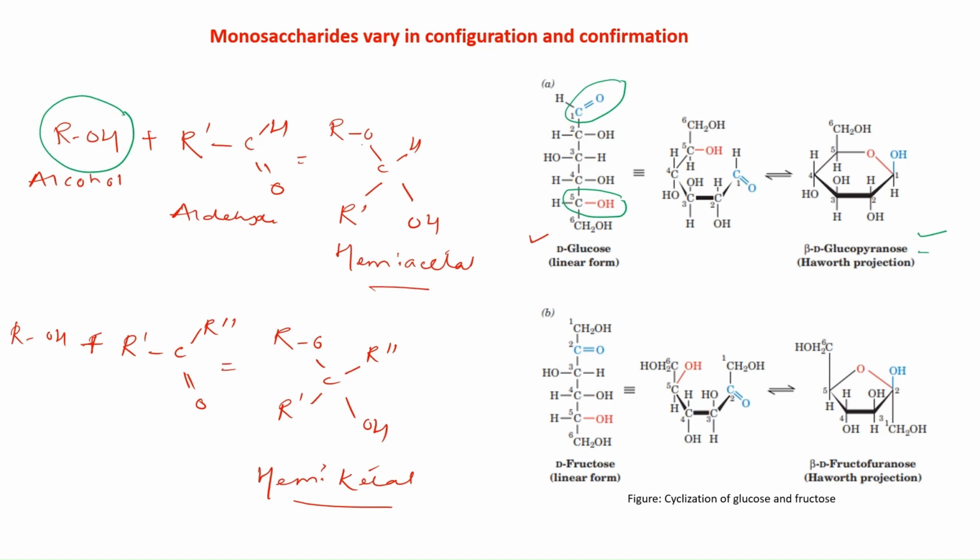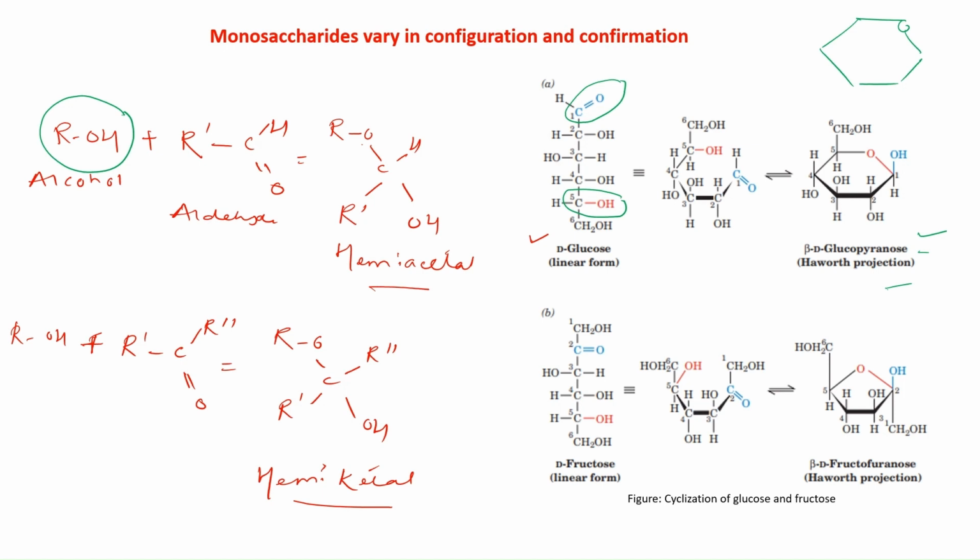Why pyranose? Because this ring is a pyran ring. A glucose straight chain structure, when it cyclizes, takes the basic conformation of a pyran ring. Hence, we can say this is a glucopyranose. This type of projection is known as Haworth projection. Clear what is happening here?